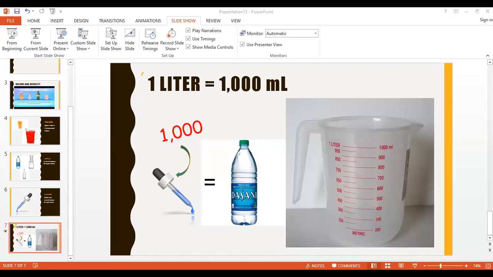So we have 5, 10, 15, 20, 25, 30, 35. So here we'll put 35 milliliters. And remember, it's going to be a lowercase m and a capital L for milliliters.